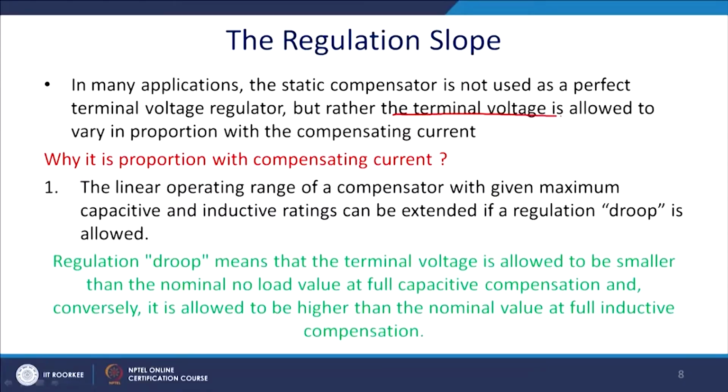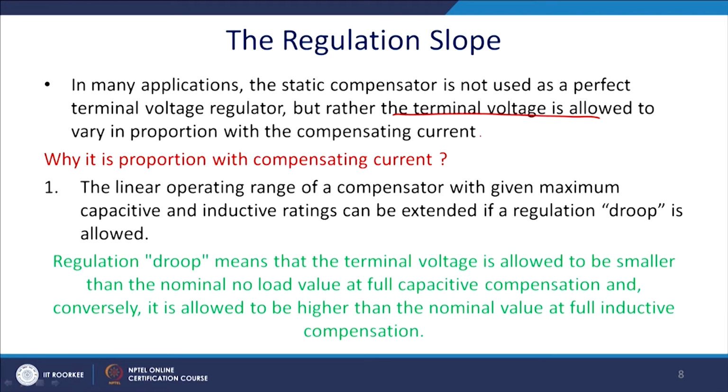Now, in many applications, the static compensator is not used as a perfect terminal voltage regulator, but rather the terminal voltage is allowed to vary proportional to the compensating current, in most cases. Why is it proportional to the compensating current?